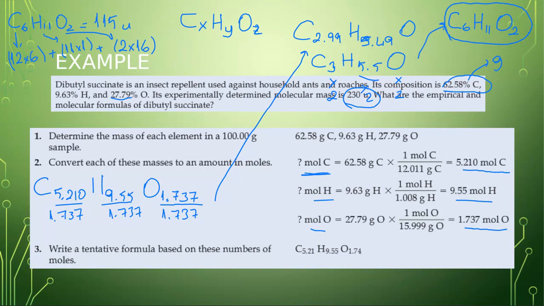So by how many times do you have to multiply the empirical formula mass? Check here, this is 115 and this is 230.